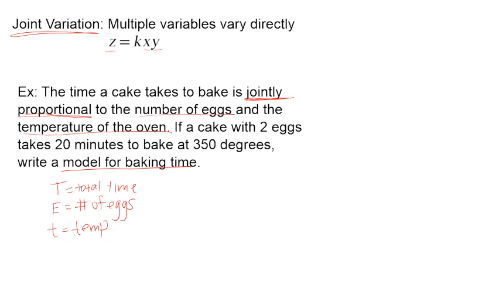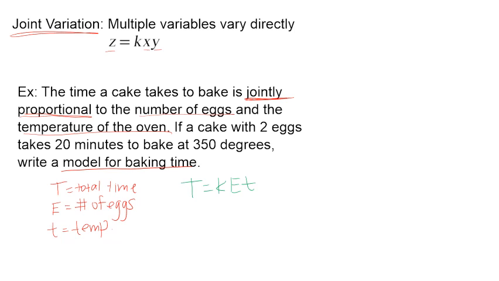So the time it takes to bake a cake is jointly proportional, so that means k times the number of eggs and the temperature. All right, you might have chosen to use z, x, and y, and that's fine. You can do that.